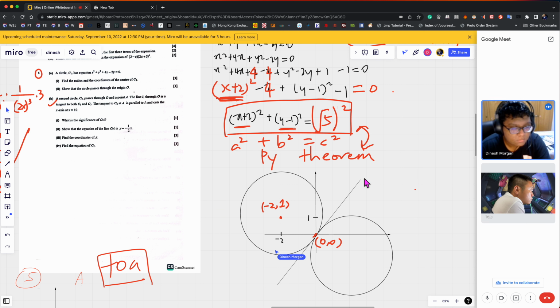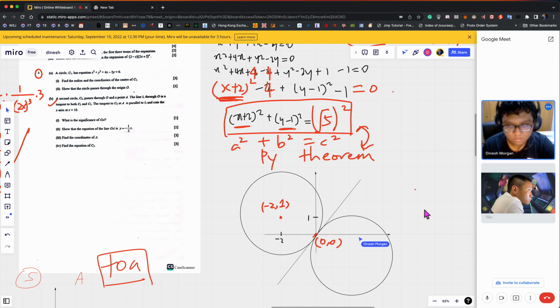Tangent to C2 at A is parallel to L1 and cuts the x-axis at x = 10. So it should be here. I thought you need to extend the number line to 10, right?